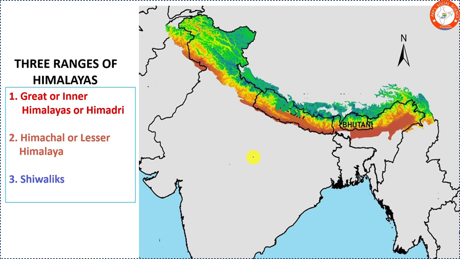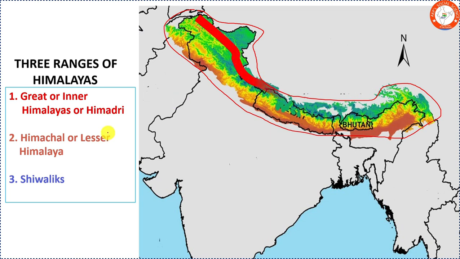Now we mark them once on the India map. This is the Himalaya range, which starts from Jammu and Kashmir and extends to Arunachal Pradesh. Here the three ranges, depending upon their height, are seen one after the other. The first one is the Greater or Inner Himalayas, the northern Himalayas.